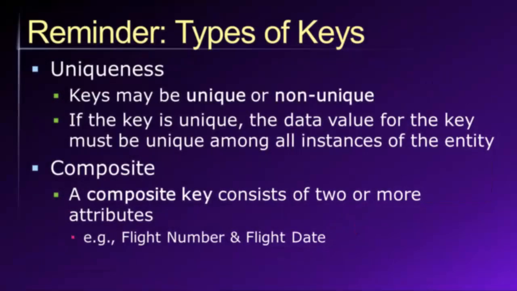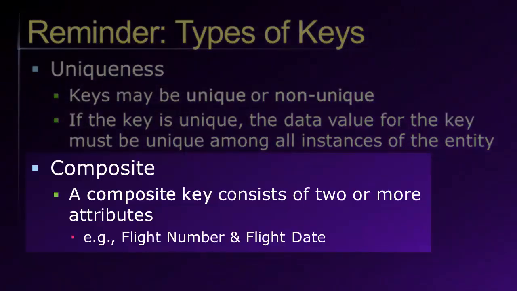Recall also that we have composite keys, and that a composite key gains its uniqueness by combining the values of two or more attributes together. The example that we used previously in this series of lectures was the flight number and the date of a flight. So we may have, for example, United Airlines Flight 33 that takes place on the 17th of March, 2016.